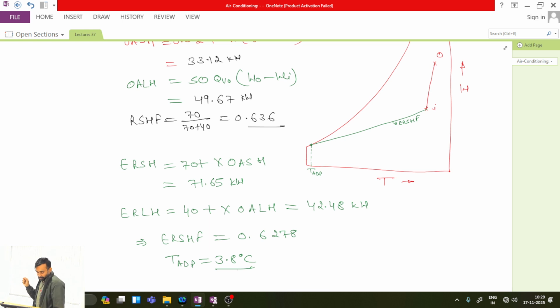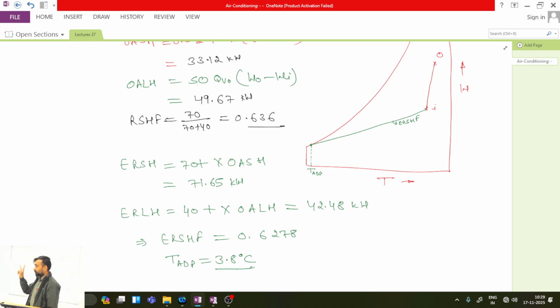Another point to note down is with this bypass factor you are getting very low ADP of 3.8 degrees Celsius. If you slightly increase the bypass factor to a value of say 0.1 or 0.2, you will be finding that further the ERSHF line will become more steeper and it will not at all cross the saturation.